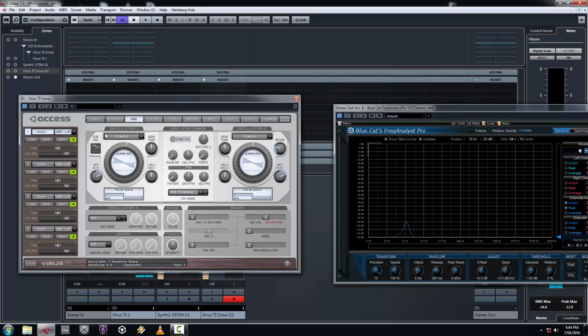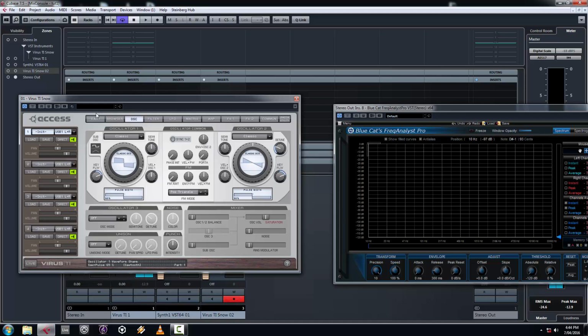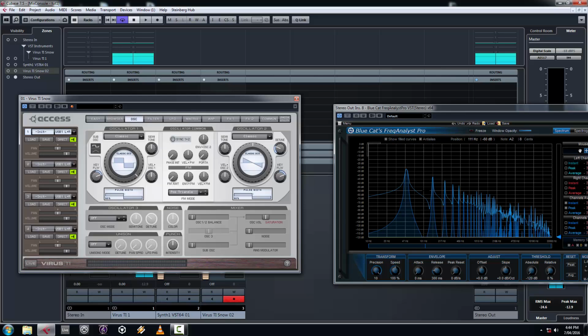If we change that to a saw, this one in the middle here, we're getting a whole series of harmonics up the top here. That's what's giving that particular tone color, that arrangement of those harmonics. If I change that to a square wave, we're getting a different arrangement of harmonics up the top there.